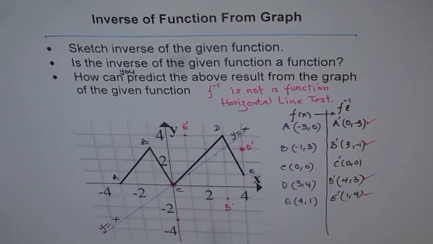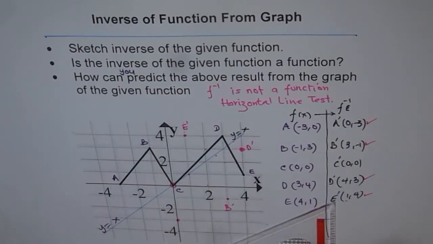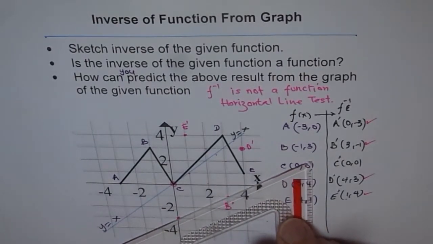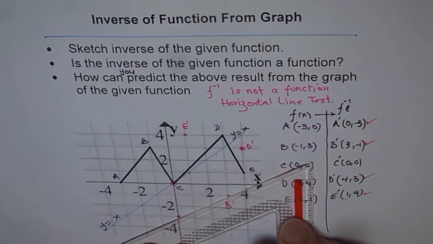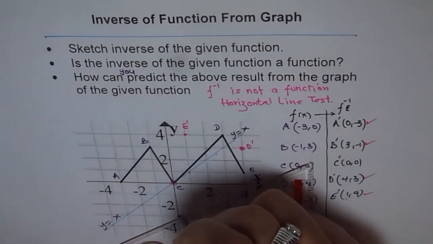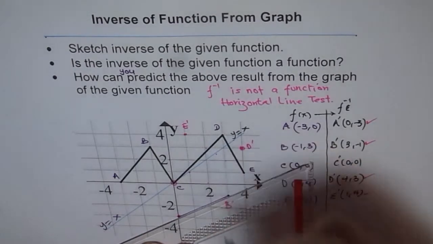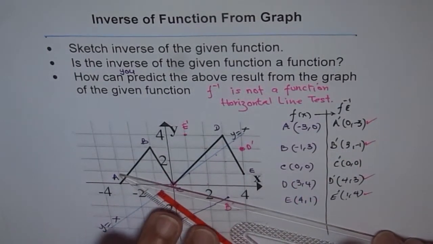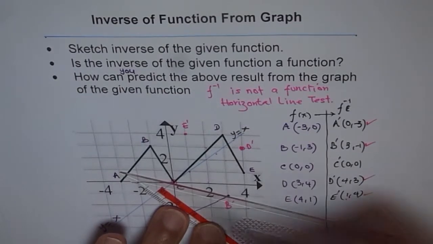And now we can always connect them. And once you connect these points, then you get the inverse of the given function, right? So A to B, you will find that the points which are on the x-axis come on the y-axis, and those which were on the y-axis will go to the x-axis. So that is how they reflect.